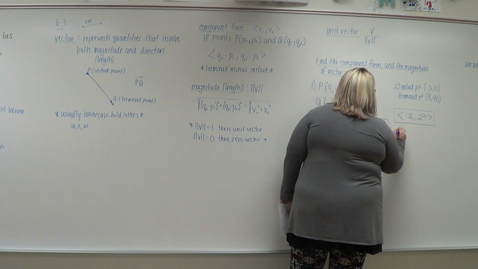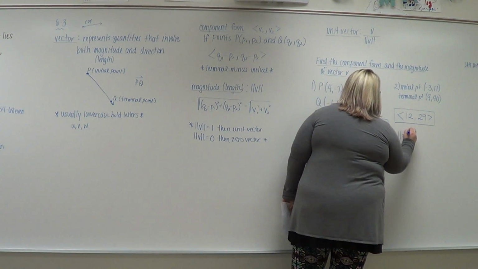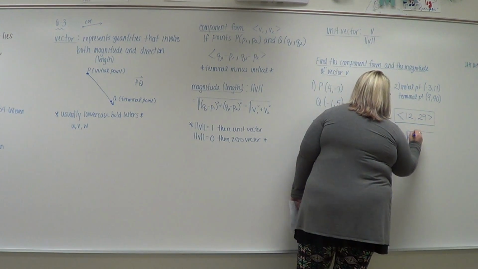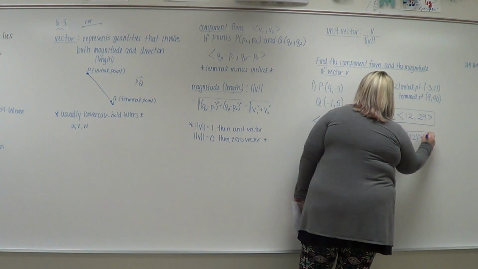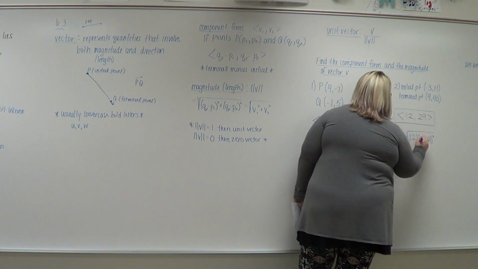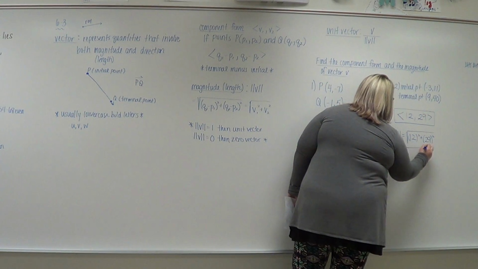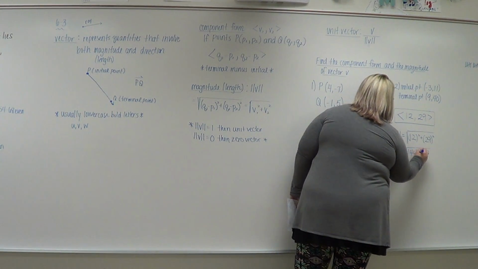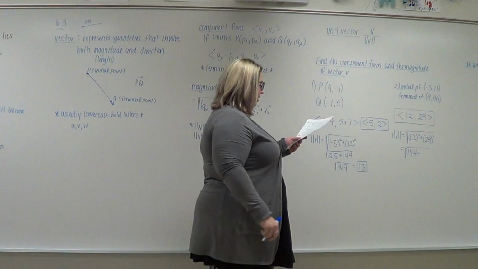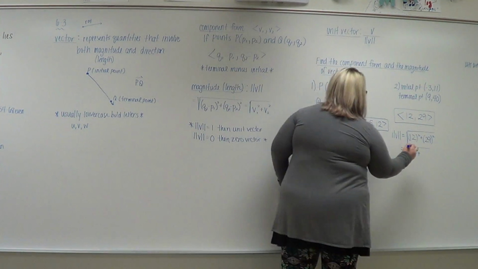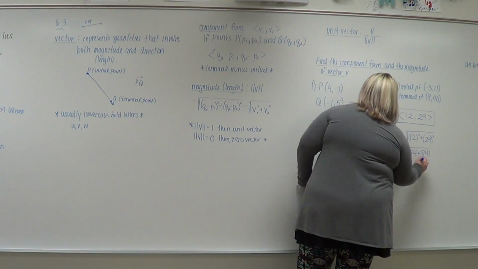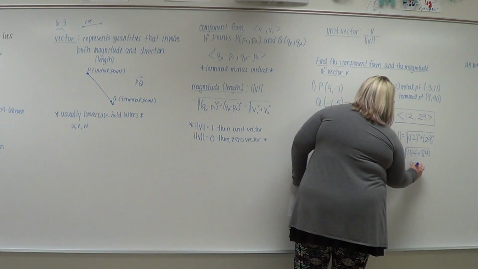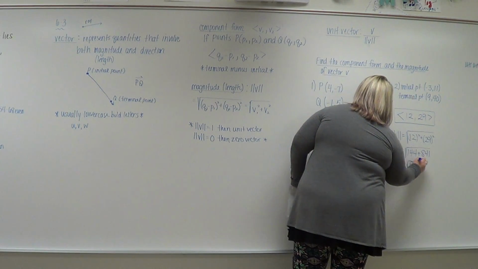Okay, and then to find your magnitude, the square root of each one of these squared, which would be 144 plus some really big number, 841, which is the square root of 985.